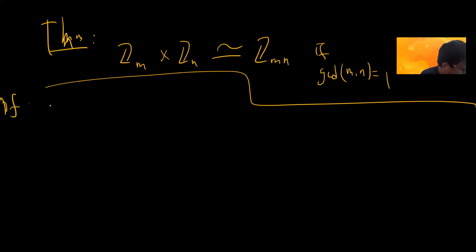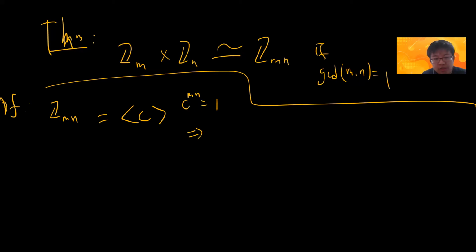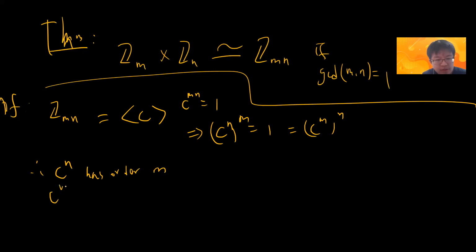Okay, so the proof, let's see. I start from Zmn, and obviously I know that this group is generated by the element c, and the order is mn. So obviously c^mn is 1, right? So (c^n)^m is 1, and also (c^m)^n is 1, right? Which tells you that c^n has order m, and c^m has order n.